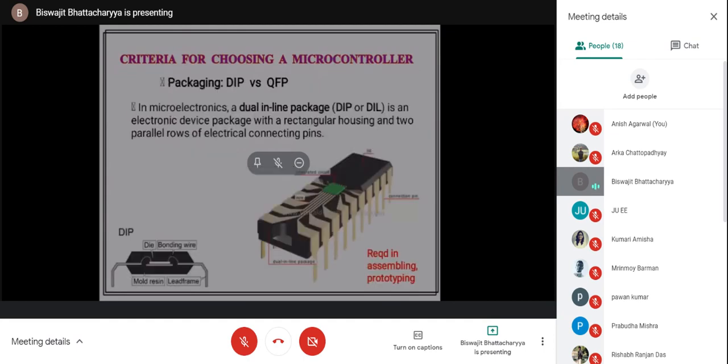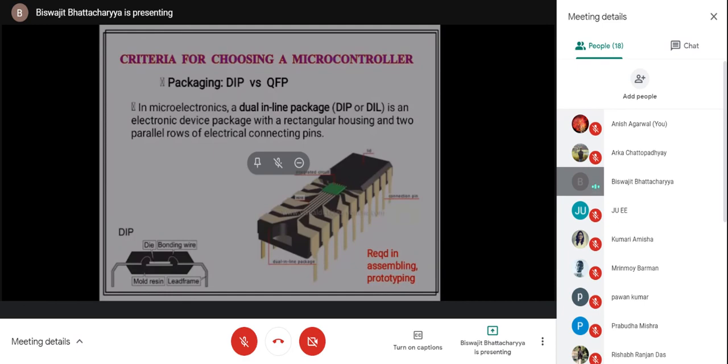Then another important thing we consider is the package available. There are different types of packages. The package of the IC is the shape of the IC and how pins are arranged on it, and the transistors are encapsulated within the package. Different types of packages are possible, but here we will see only two.